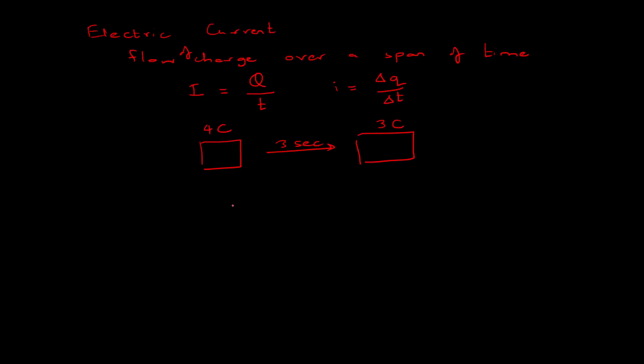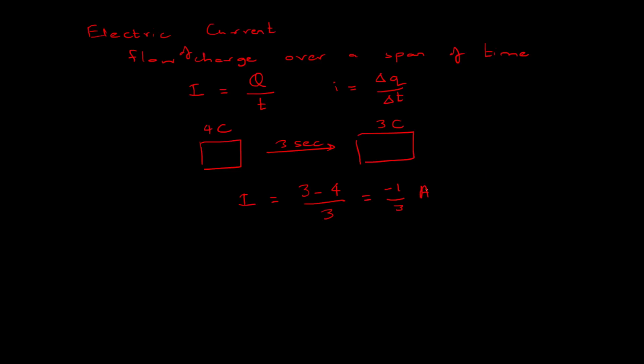If we were to find the current, I is equal to delta Q over delta T. Delta Q is the change in charge, which is final charge minus initial charge. Final charge was 3 minus initial charge 4, over the time span, that is 3 seconds. So that is 3 minus 4 over 3, which is negative 1 over 3. And the unit for current is amperes.